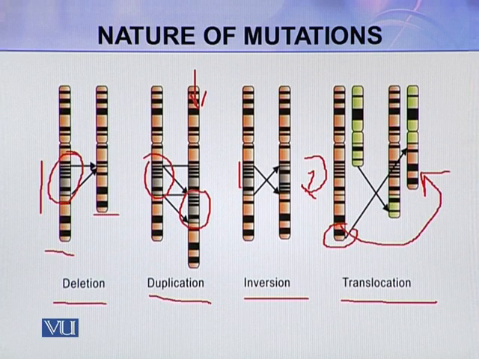So as this green portion is deleted from here and it is attached here, these are translocations. So these deletion, duplication, inversion and translocation are big mutations, in contrast to the point mutations.